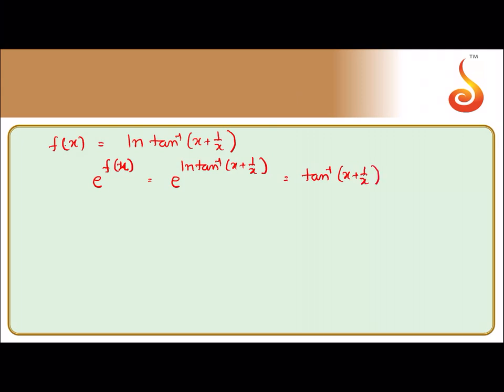So this will give you tan inverse x plus 1 by x. So they are asking f of 4, then e to the power f of 4. So this is nothing but tan inverse 4 plus 1 by 4. So this will give you tan inverse 17 by 4.